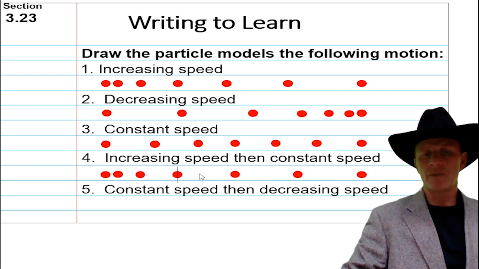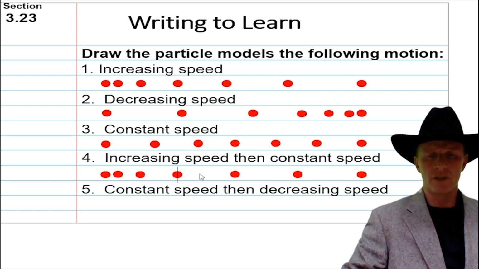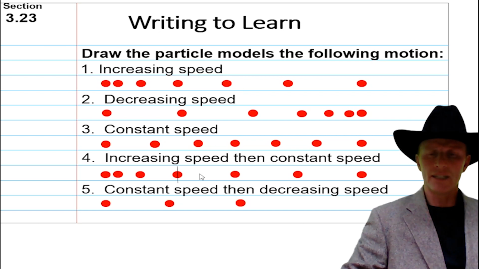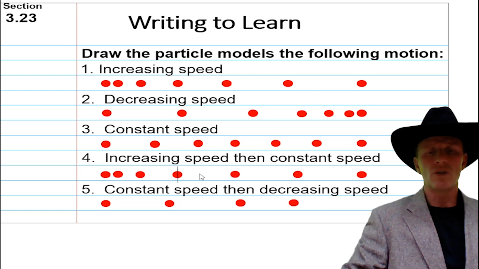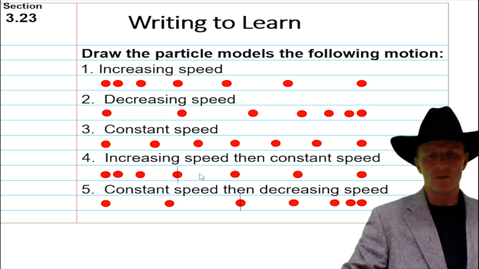Or you could have something, and notice the vertical line there separating the two parts of the motion. And then the number 5, constant speed first, and then decreasing speed. Maybe you're on a highway moving at a constant speed and you slow down, so the spacing gets closer together. Those last two are the types of problems we're going to be looking at today.